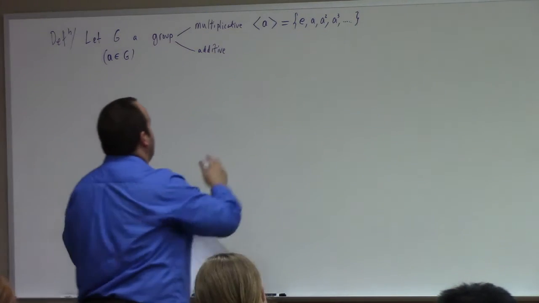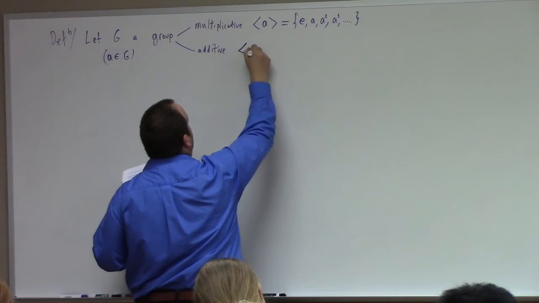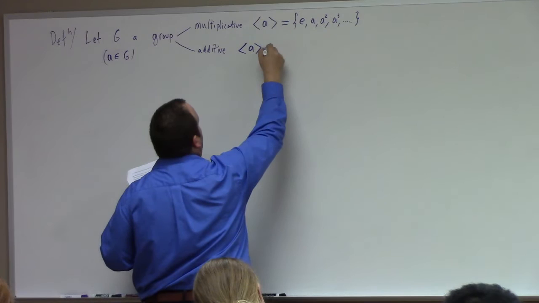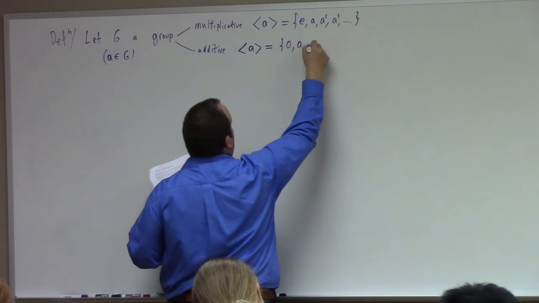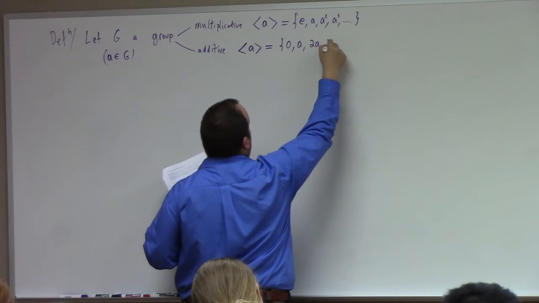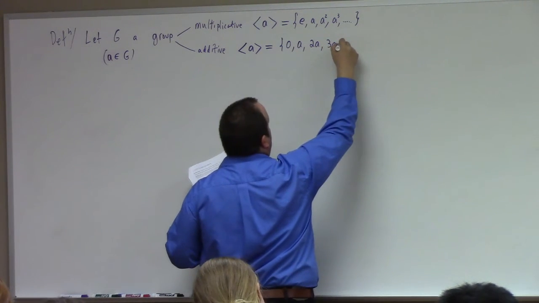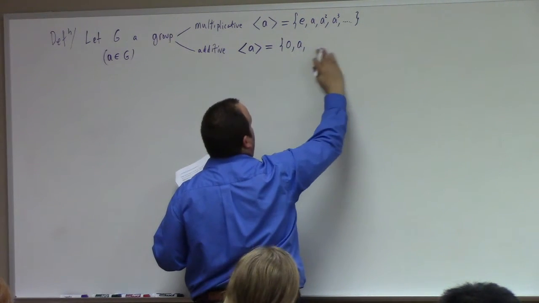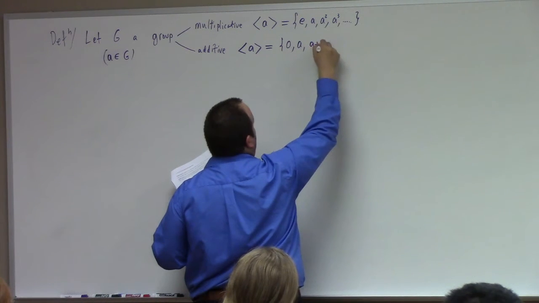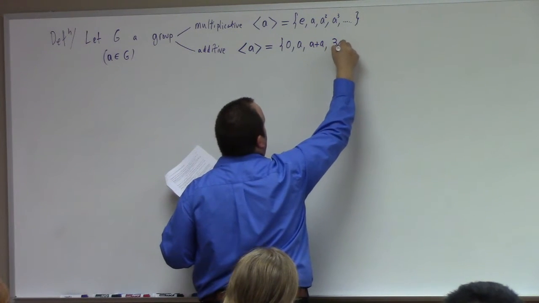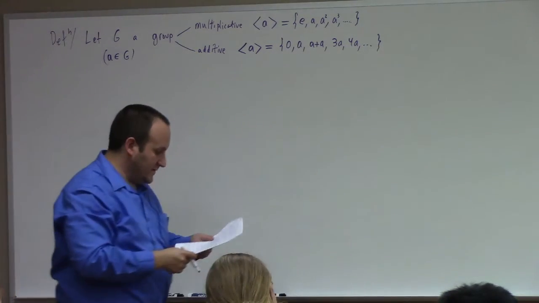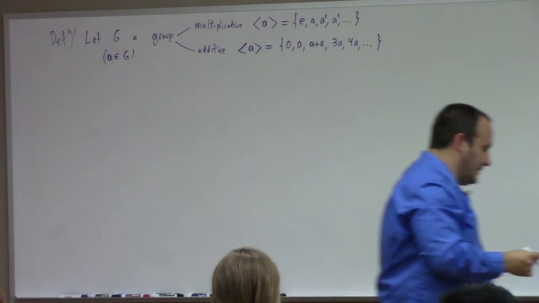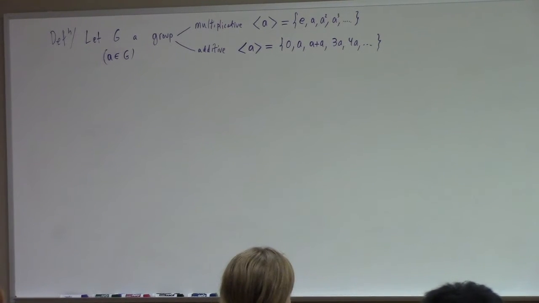And on the other hand, if we use an additive group, the so-called cyclic subgroup generated by A is equal to 0, A, 2A, 3A. 2A is A plus A. You get the idea anyway. 3A, 4A, and so forth and so on. So these are the so-called cyclic subgroups generated by A in the multiplicative sense and also the additive sense.